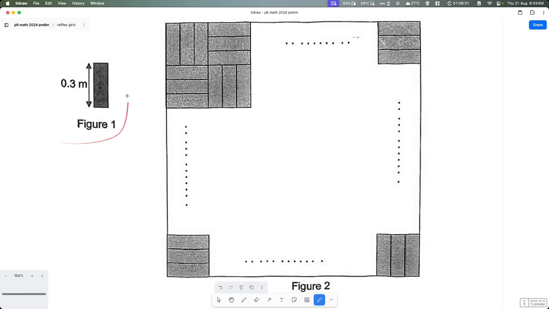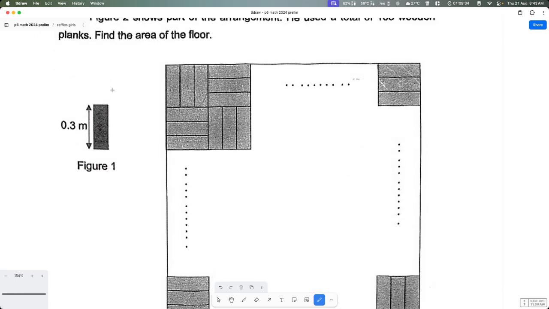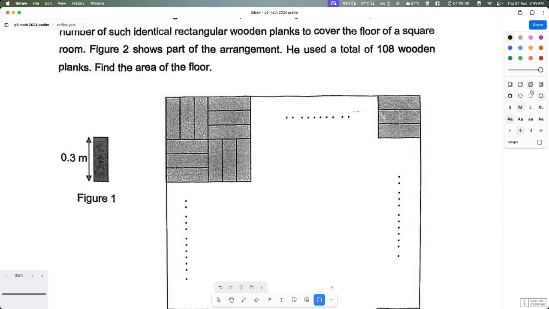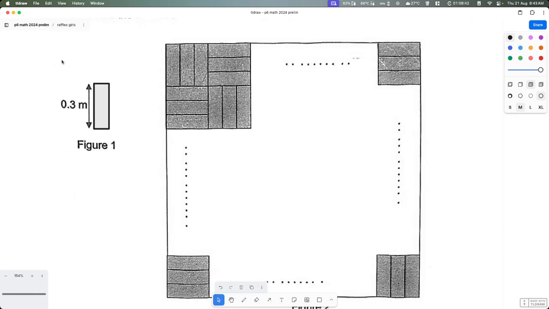In this case over here, we have this 0.3 meters, right? So what I'm going to do is draw this thing out. Let me just say 0.3 meters is equal to 30 centimeters, so it's 0.3 times 100. Okay, so we know that this is this.